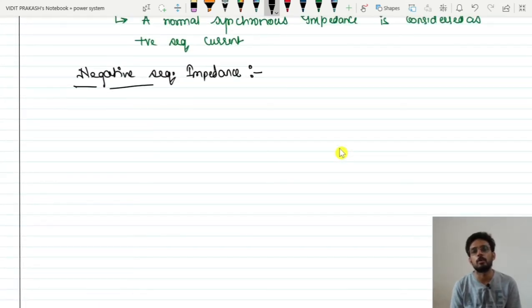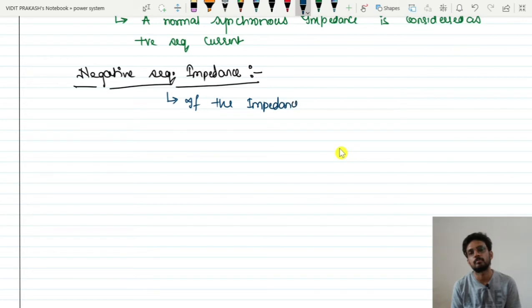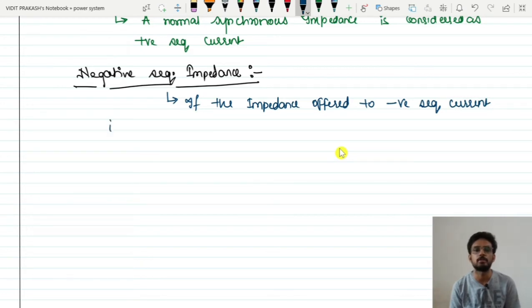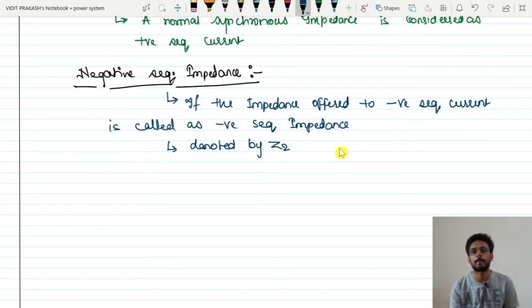If the impedance is offered to negative sequence current, that is called negative sequence impedance. It is denoted by Z2.